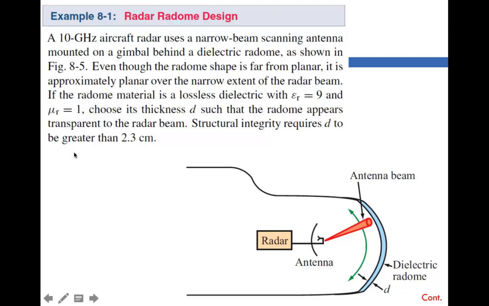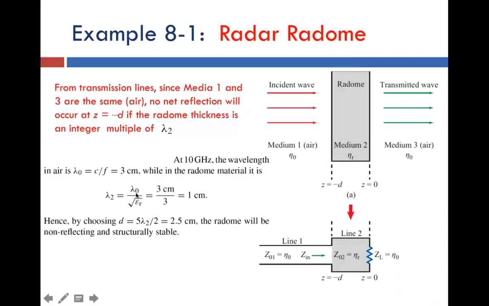We're also told that we require D to be greater than 2.3 centimeters. So that's roughly an inch. And the frequency of this radar is 10 gigahertz. So we can model this as an incident wave and a transmitted wave.